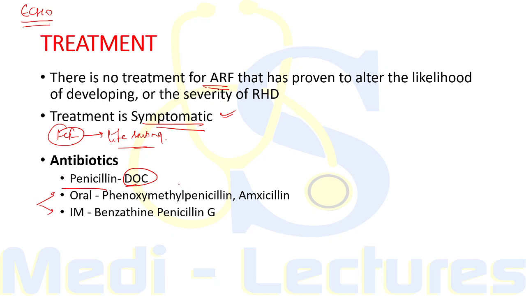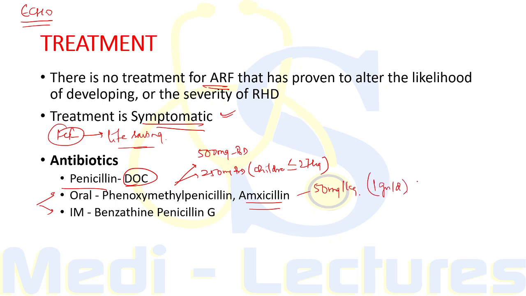For oral dose, we have phenoxymethylpenicillin, which can be given 500 mg BD, or 250 mg BD in children with body weight of less than or equal to 27 kg. Similarly, amoxicillin can also be given 50 mg per kg of body weight, maximum up to 1 gram per day for 10 days.